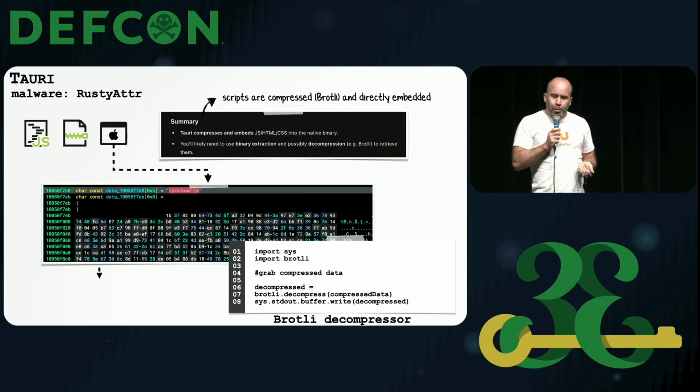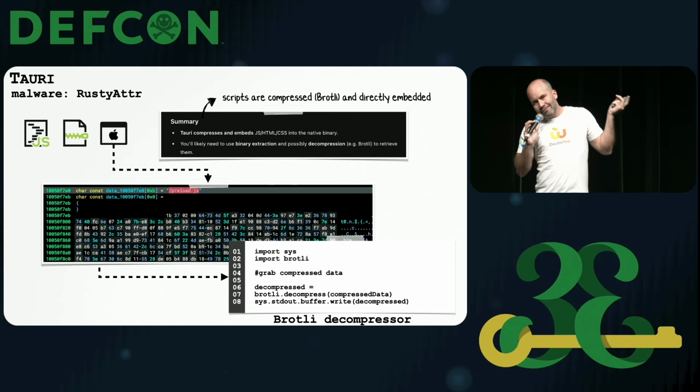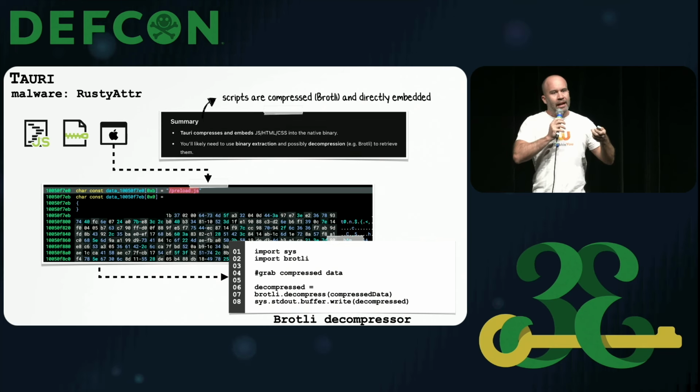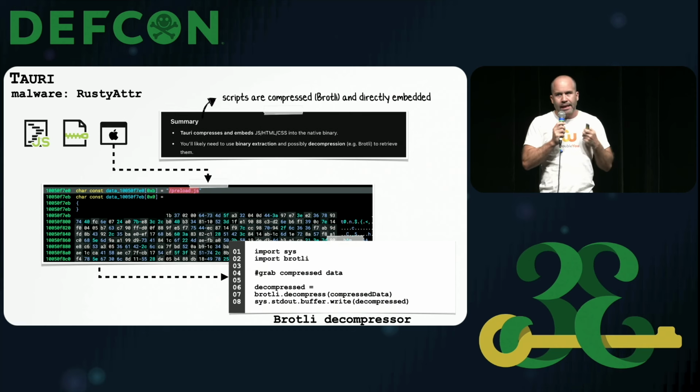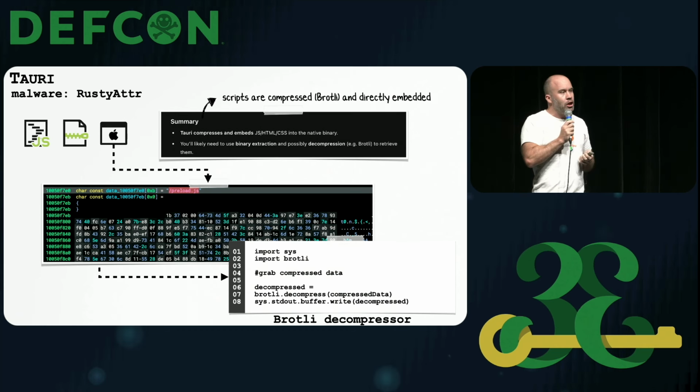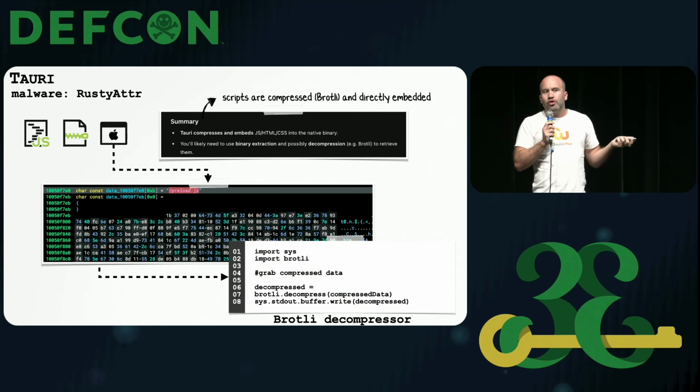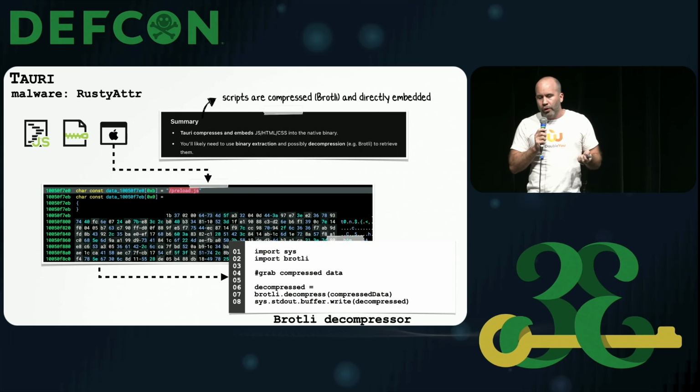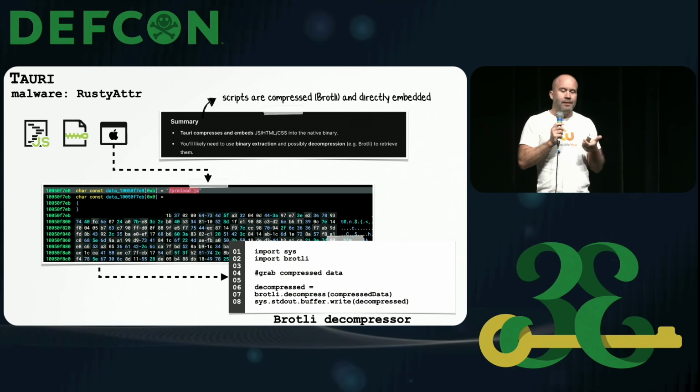Now, I wasn't super familiar with Tauri, so I hopped on ChatGPT. I asked, tell me how this works, and more importantly, how can I extract any scripts that have been embedded into it? Again, this is what I want to extract and analyze, because that's likely where the malicious logic will be. ChatGPT was super helpful and told me that Tauri uses the Brotli compression algorithm.